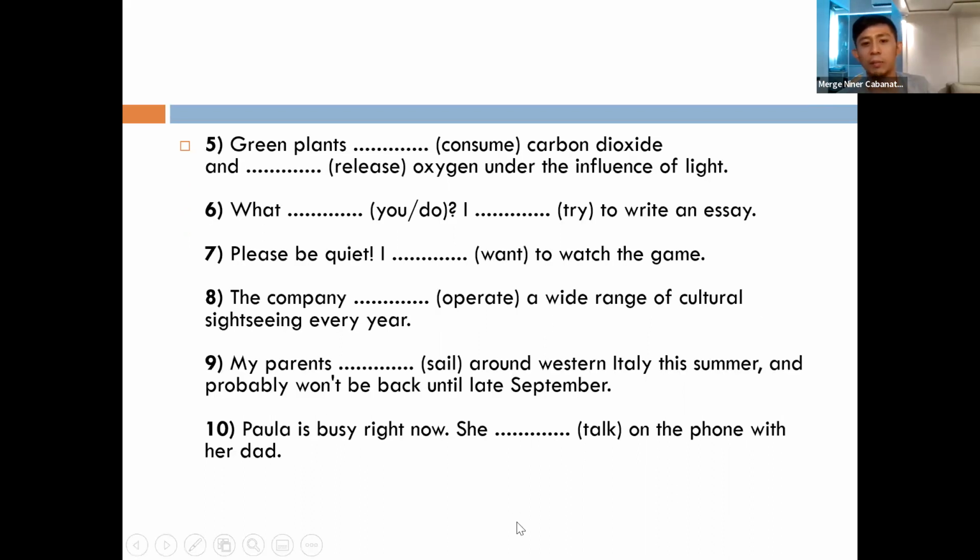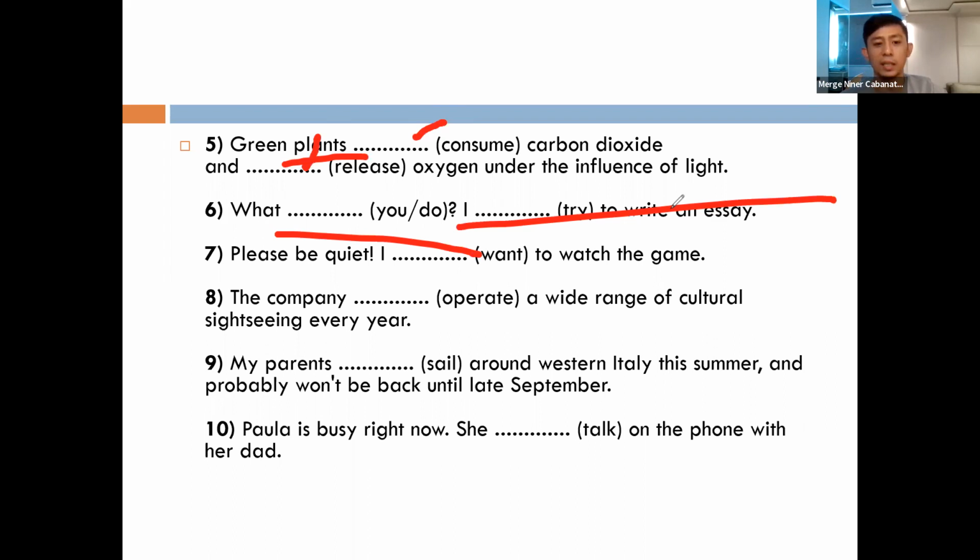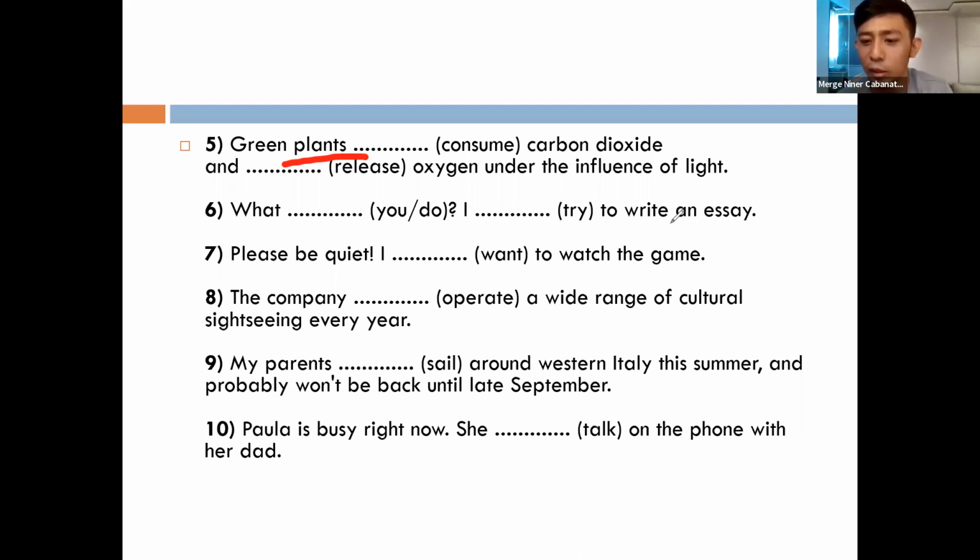Number 5: green plants consume carbon dioxide and release oxygen. The subject is plural, so consume and release don't change. Number 6: what are you doing? I'm trying to write an essay. Number 7: please be quiet, I want to watch the game.